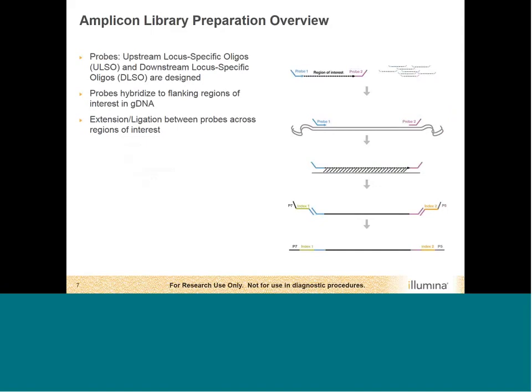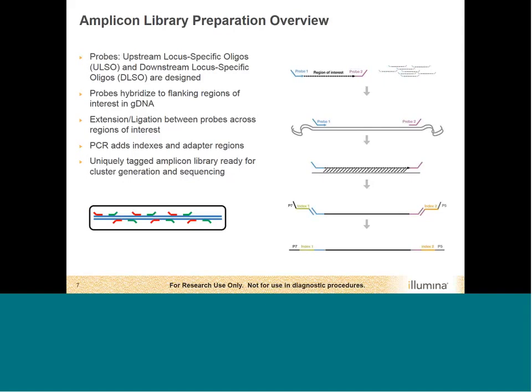So they hybridize on the same strand, and then through the extension ligation, they are joined together to form the amplicon. The next step is then a PCR to add indexes and the remainder of the adapter region. And that gives us a uniquely tagged amplicon library that is now ready, has all of the elements that we need for cluster generation and sequencing.